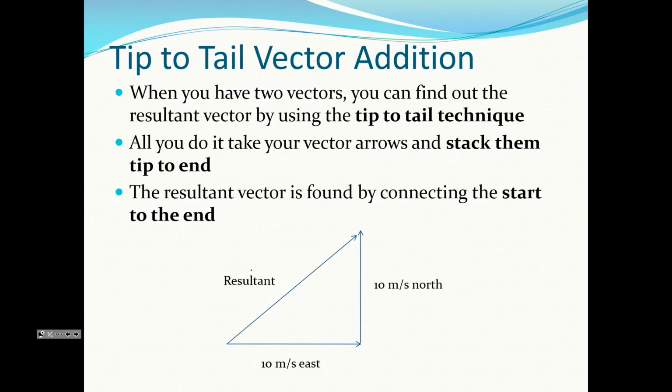So I can draw my resultant arrow in like that, okay? And I know that this is 10, so this is going to be 45 degrees, and this is north, east, south, and west. So I'm not going east, I'm going 45 degrees north of east. Okay, we'll do an example with it.